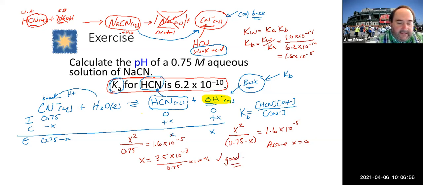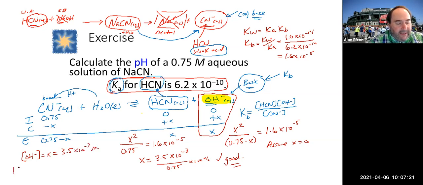That means that that is our x value. And in terms of getting to our pH, that also means that it would be our hydroxide concentration. So our hydroxide concentration equals x, which equals 3.5 times 10 to the minus 3 molar.